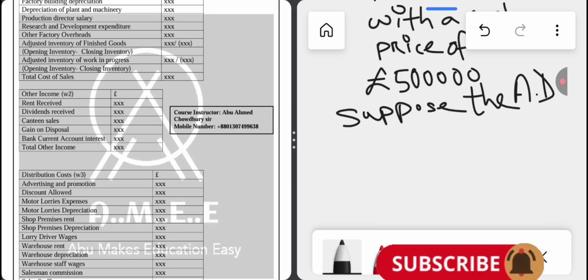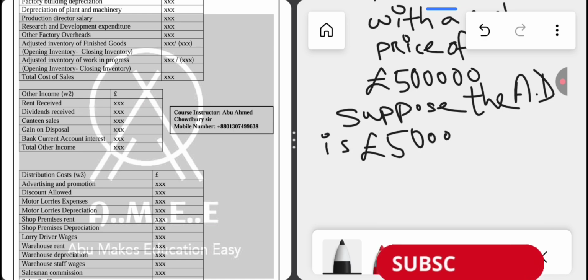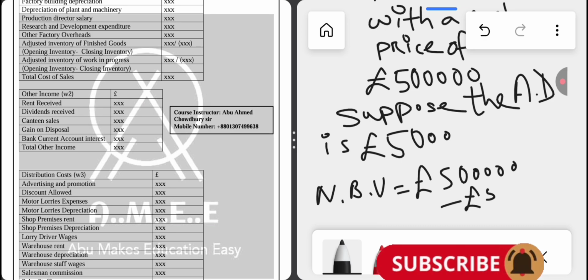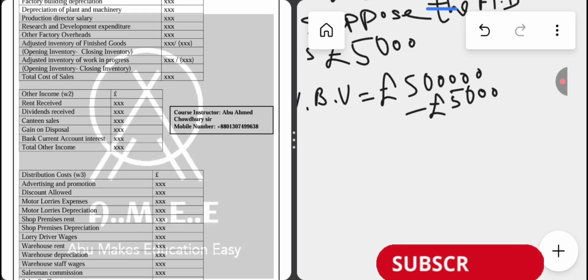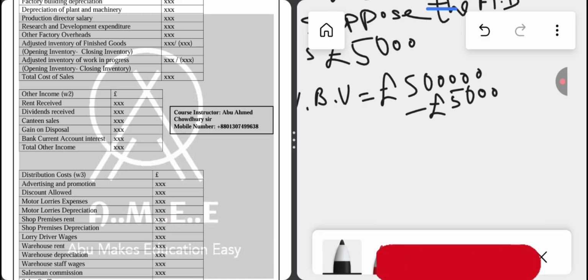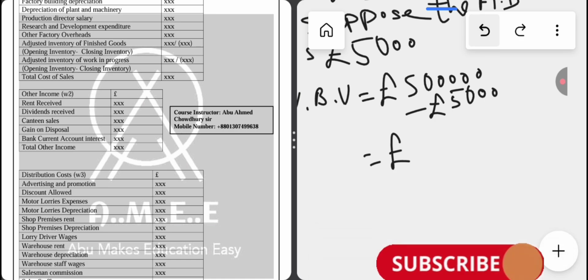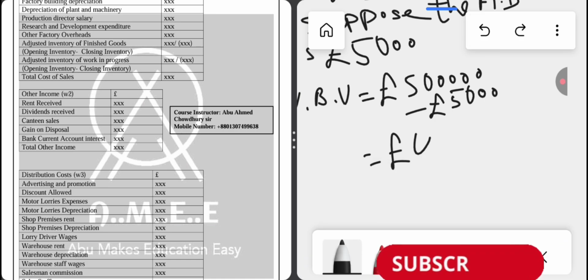So the net book value will be the cost price minus accumulated depreciation. The cost price is 500,000 minus accumulated depreciation of 5,000, which gives us ultimately 450,000. So our net book value is 450,000.